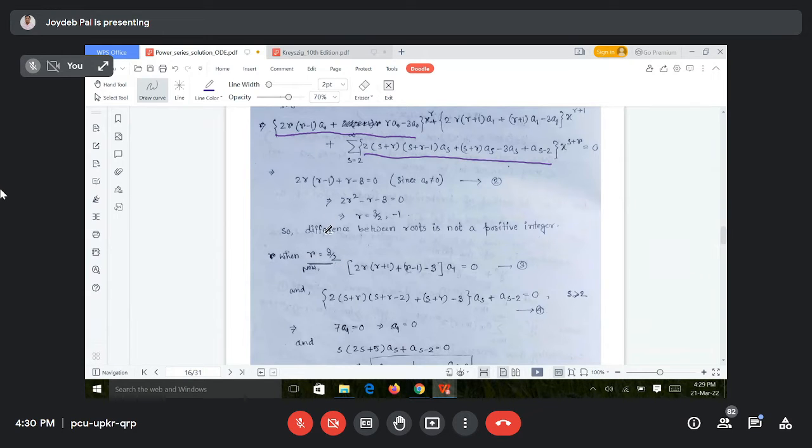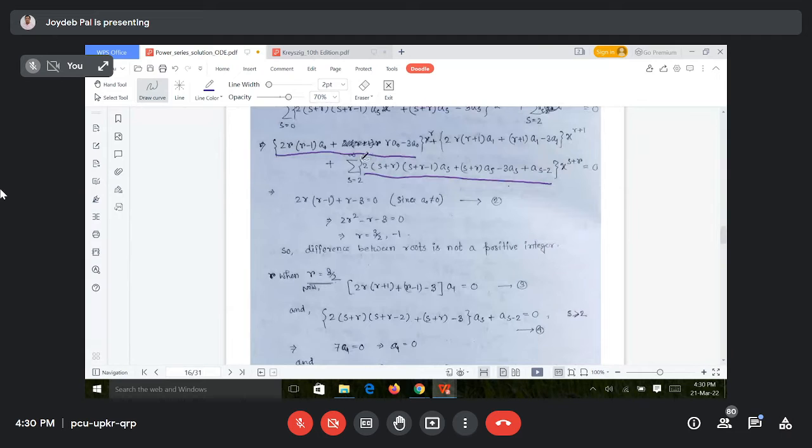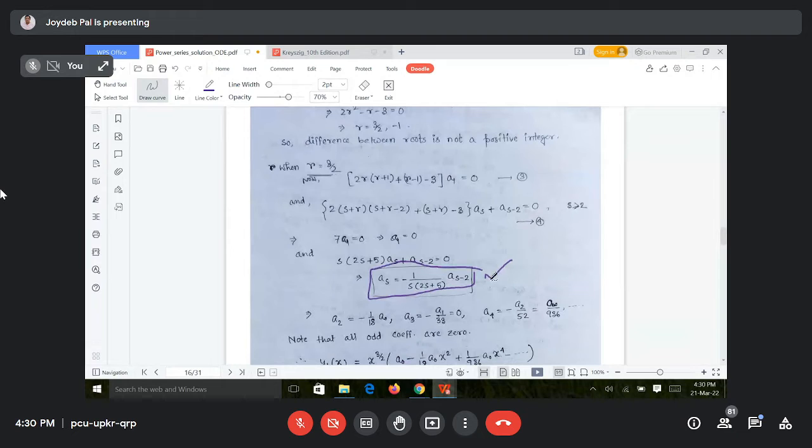So r is equal to 3 by 2 के लिए I am constructing the recurrence relation. ये कैसे मिला? ये जो जनरल डिग्री टर्म का कोएफिशिएंट इक्वल्स टू 0 था, वहां पे r is equal to 3/2 पुट किए तो मिला ये, ठीक है. as is equal to minus 1 by s into 2s plus 5 as minus 2.